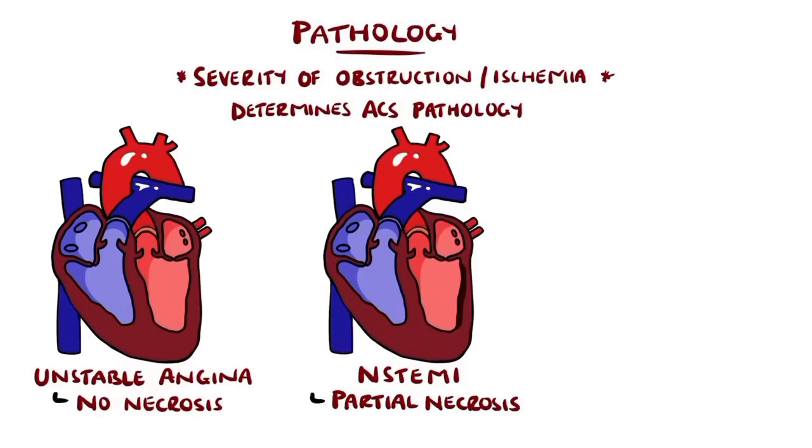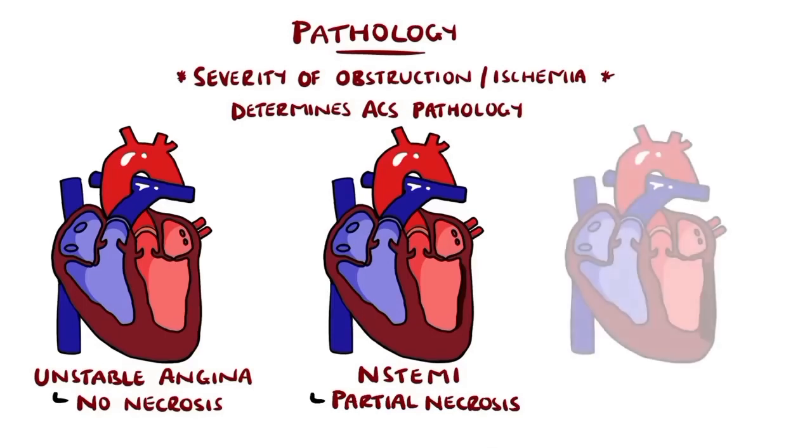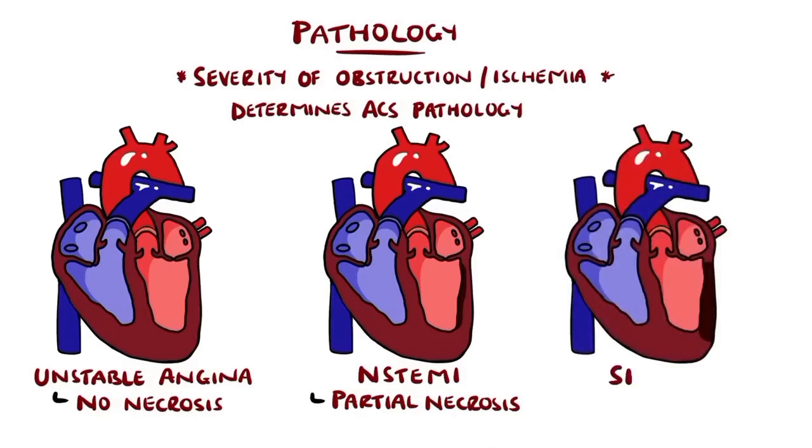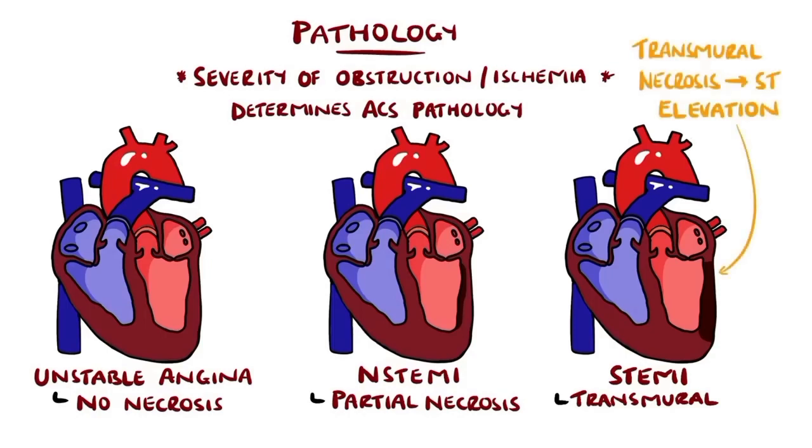The reason this occurs is because in STEMI there is typically a complete occlusion of the coronary artery and therefore transmural necrosis, meaning the death of the cardiac myocytes extends across the entire thickness of the wall, whereas in NSTEMI this only extends through a portion of the wall typically.